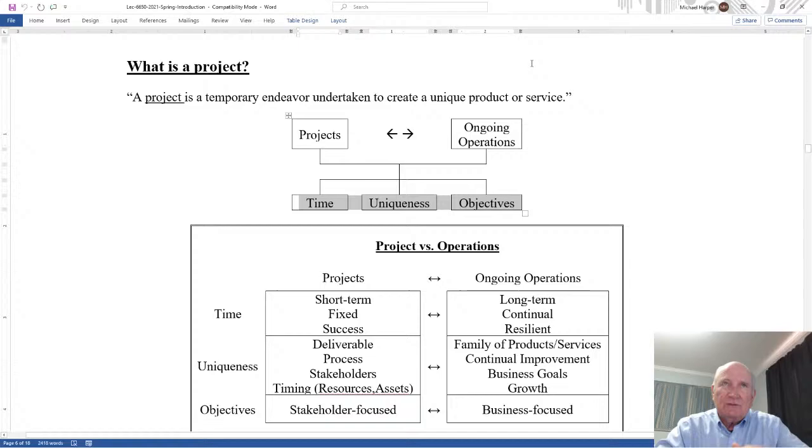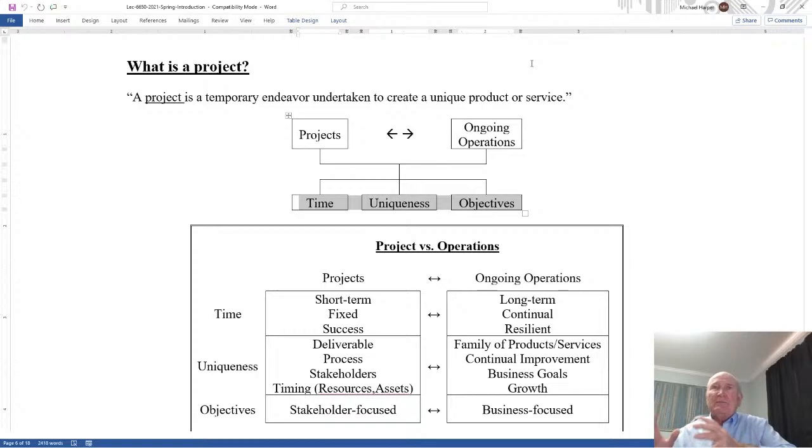Why is this important to distinguish? Again, if you consider ongoing operations as a project, then your company will start, stop, and it's going to go bankrupt or fail because you haven't really designed a scaling or an exit strategy or a strategy to move forward in your operations from a project into launching a business.